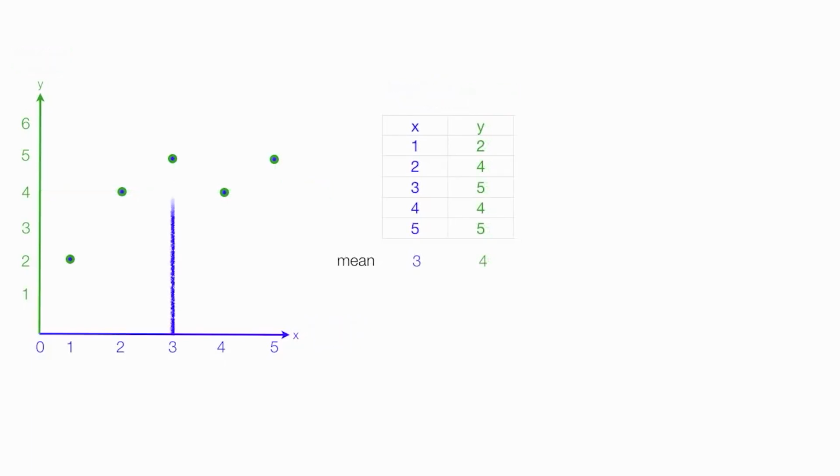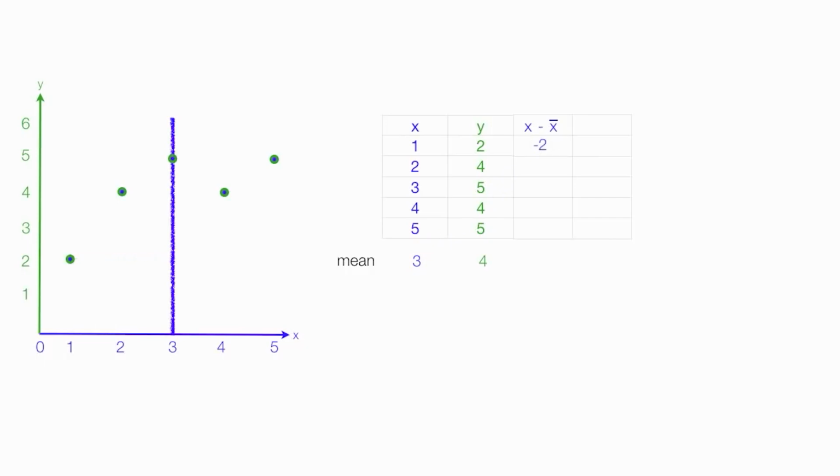I'll draw back in the mean of 3. So I'm going to take the x value minus the mean at each point. So the first point is 1 minus 3, which is the mean. And this is equal to negative 2.